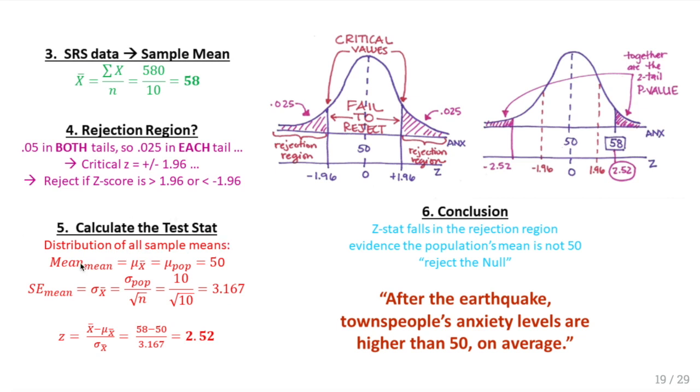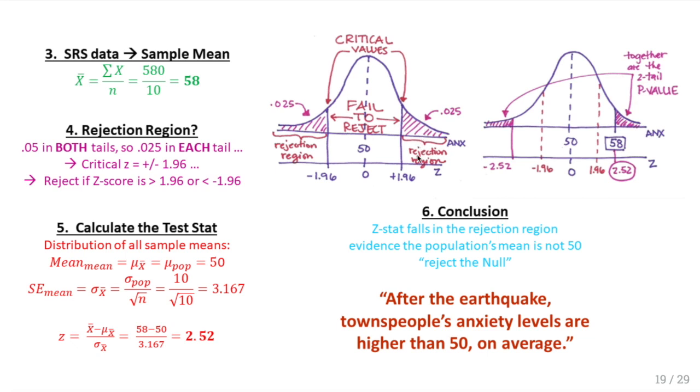So let's calculate this. So the mean of the population is 50. We already calculated the standard error of the mean. That's 3.167. So we can calculate our z. It's our mean minus the comparison mean over the standard error. So 58 minus 50 divided by our standard error, we get 2.52, which means we are somewhere over here.